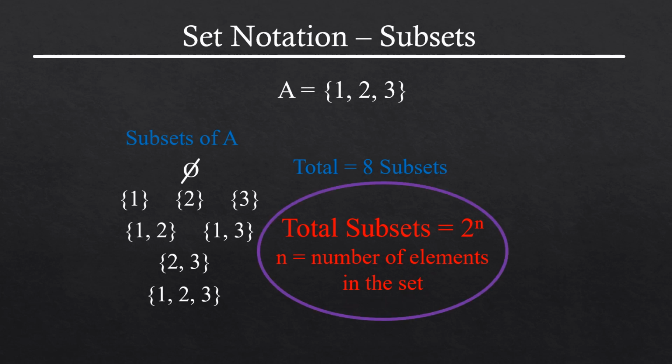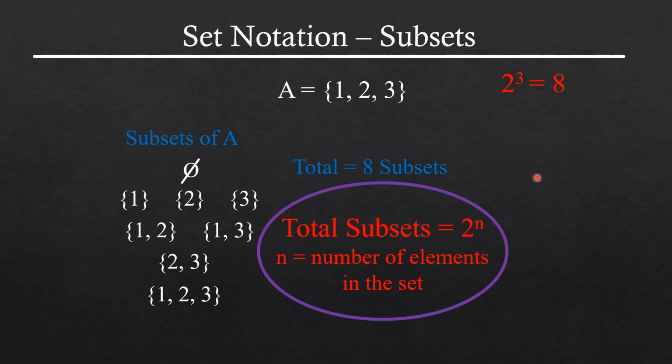So in this case, we had 3 elements in this set, so we had 2 to the 3rd power. And if you remember from last week, that meant you said 2 times 2 times 2. Or you got your calculator and you entered 2 to the 3rd exponent, and you would get 8.